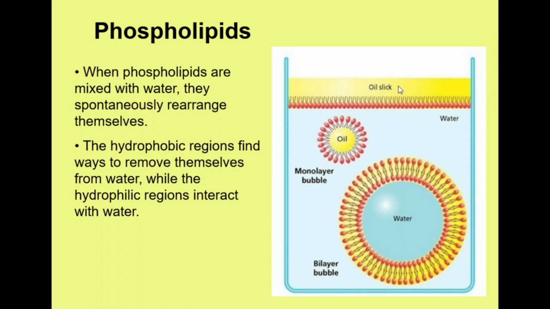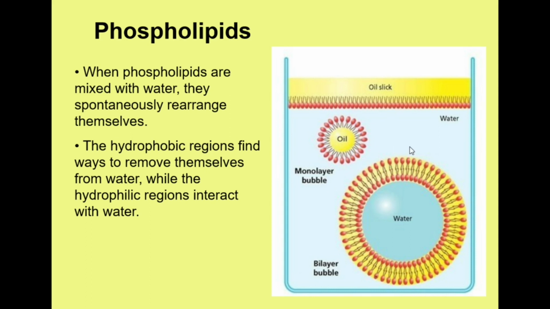They'll actually sit on top of it. If you add phospholipids to water, they can do something similar, so they can form a slick on top, but these red heads, these hydrophilic phosphate heads, will actually make bonds with water, so they'll be quite happy. And then you'll have these hydrophobic tails poking out that will give you that look of an oil slick.